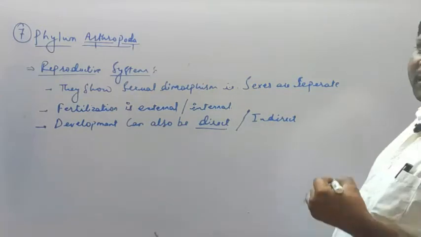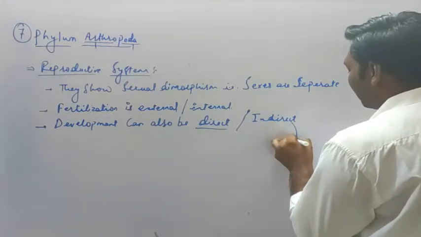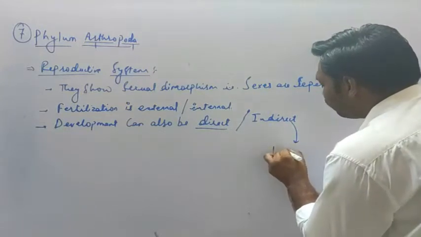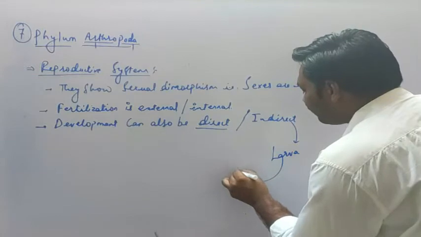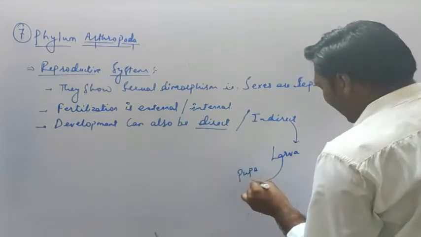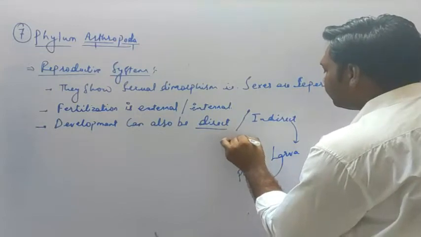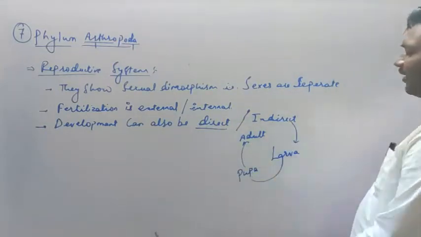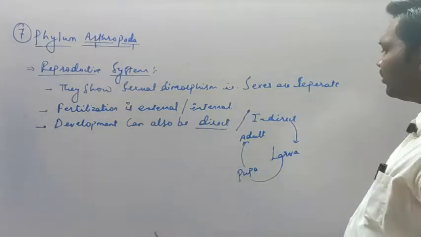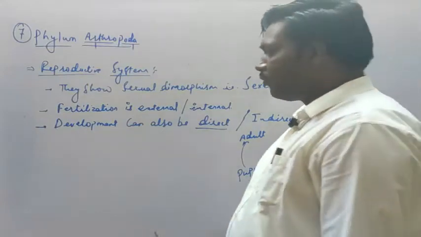Metamorphosis means different stages. So it will develop the larva, this larva will develop into pupa, and from pupa there will be formation of the adult. So these will be the different phases in their life cycle. So the development is indirect in some arthropods.